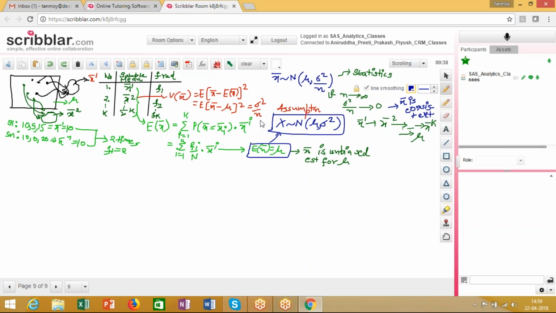Basically, one very common FAQ in analytics or data science interviews, when people quiz you on statistics, is: what is the difference between a statistic and an estimator, right?